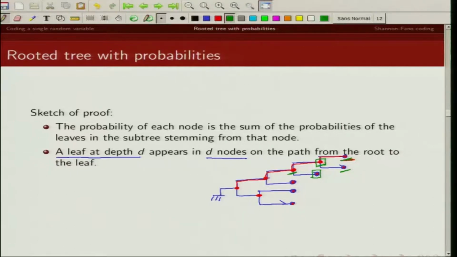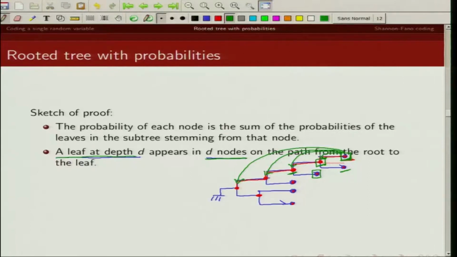Now, please note that a leaf at depth d appears in d nodes on the path from the leaf to the root. So, the probability of occurrence of this leaf appears here, right? This appears here, this appears here, and this appears here.